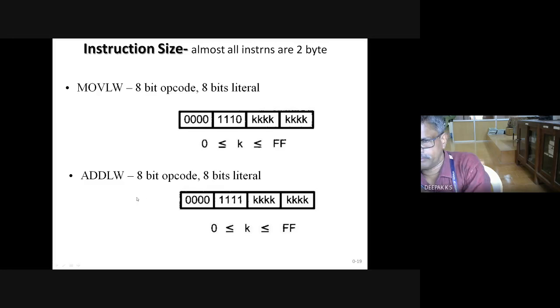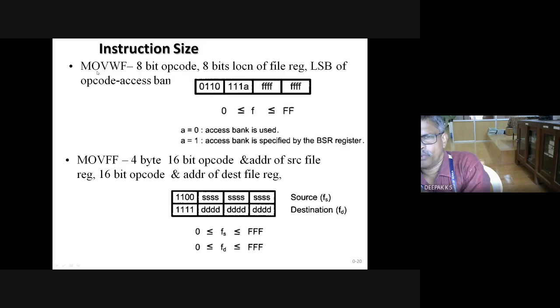ADDLW ലും literal value ന് 8 ബിറ്റും opcode ന് 8 ബിറ്റും, അതും 2 byte ആണ്. MOVWF, working register in file register, ഇവിടെയും 8 ബിറ്റ് opcode ഉം 8 ബിറ്റ് literal value.